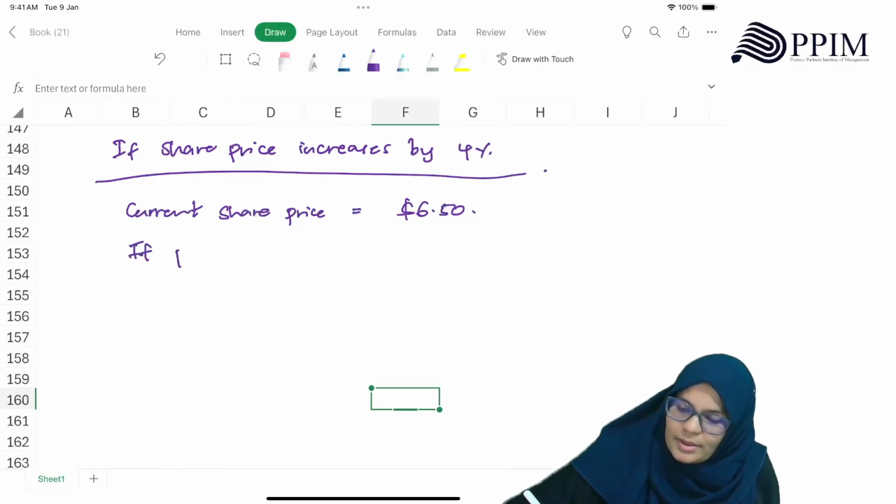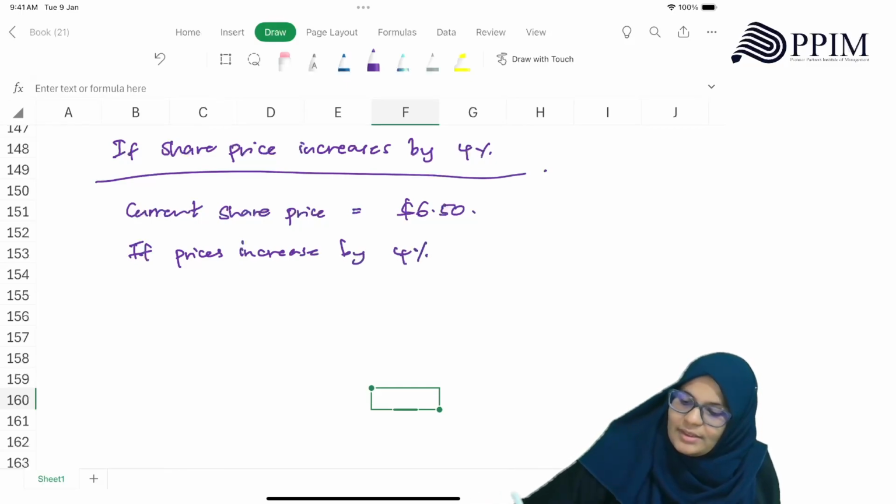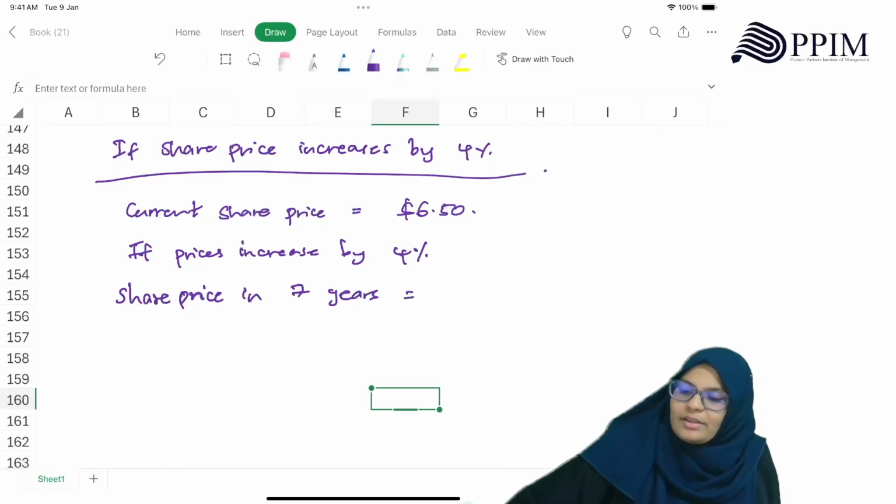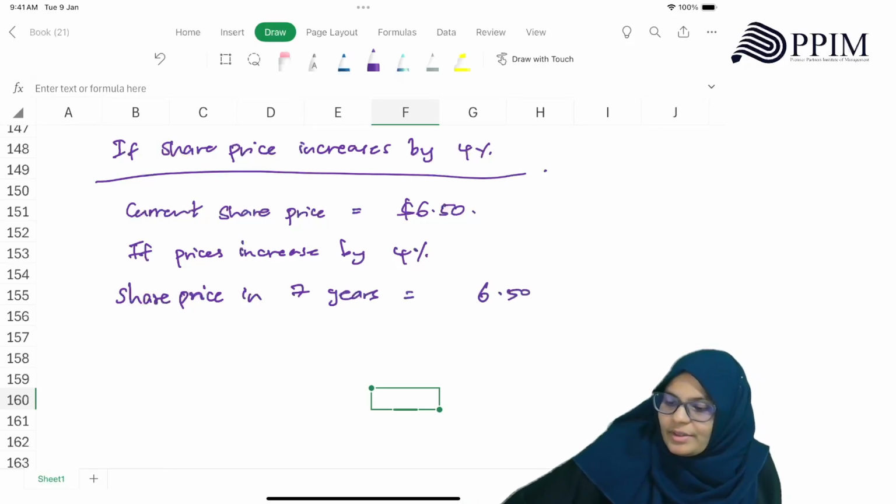If prices increase by 4%, then share price in 7 years will be how much? 6.5 into 1.04 to the power 7.